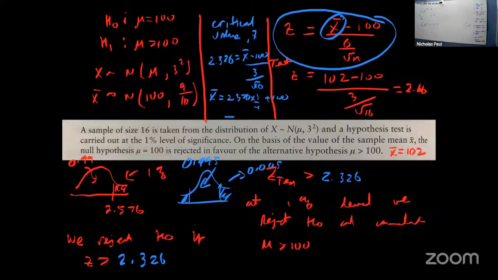So what would that give me? How much is that? 2.326 multiplied by 3/4 plus 100. How much is that? 100 and how much?